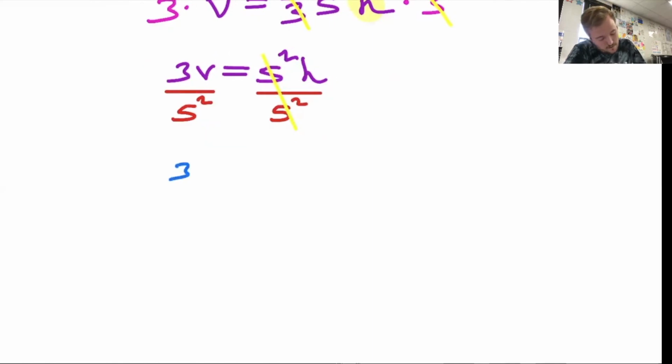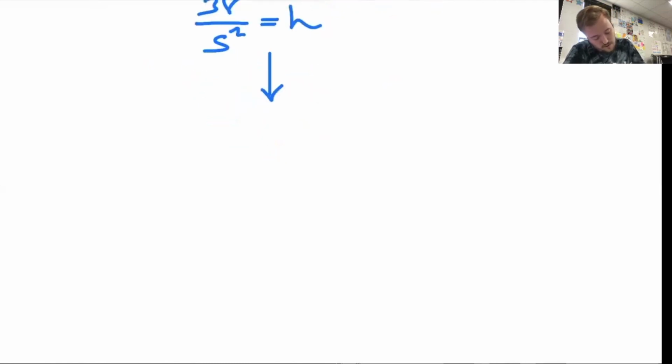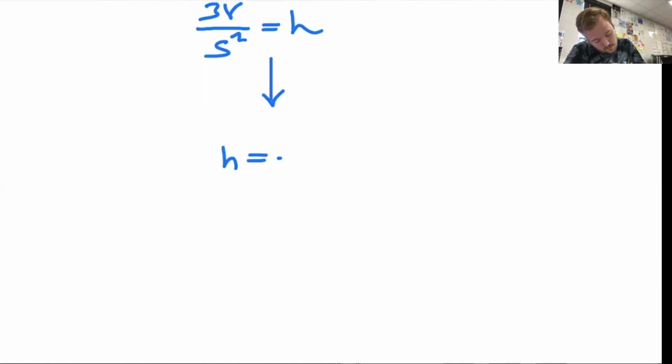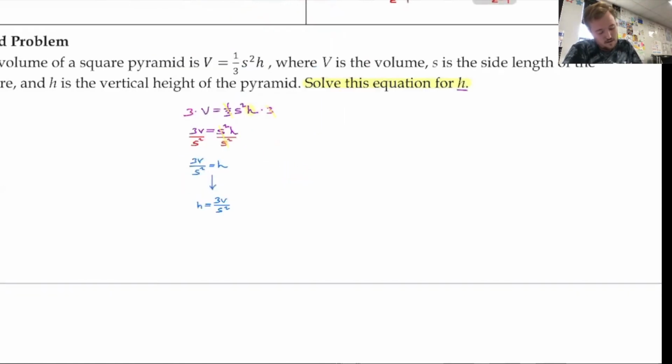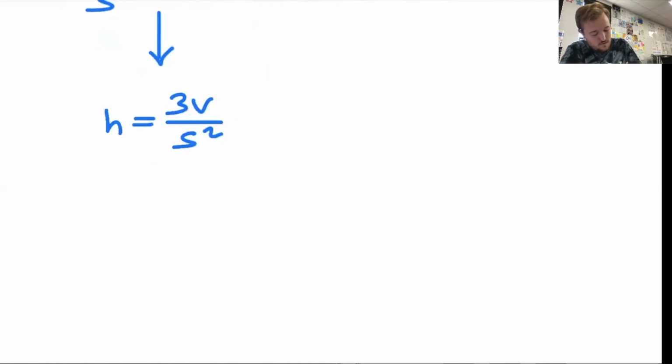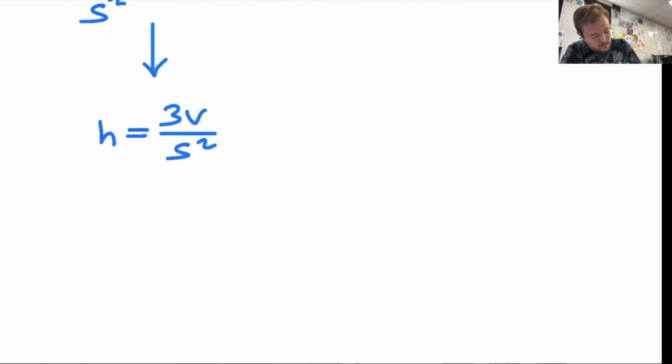So you have 3v over s squared equals h. Once again, variable on the left. So you're going to have h equals 3v over s squared. Because this is a measurement and it's talking about height, we don't actually have a unit given. So in this case, the height would just be in units.